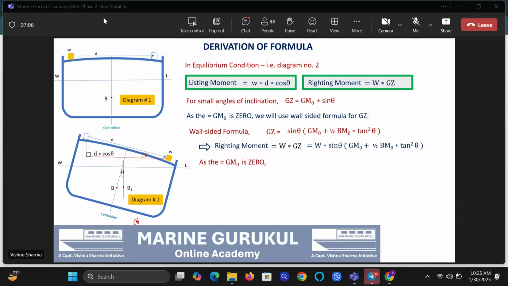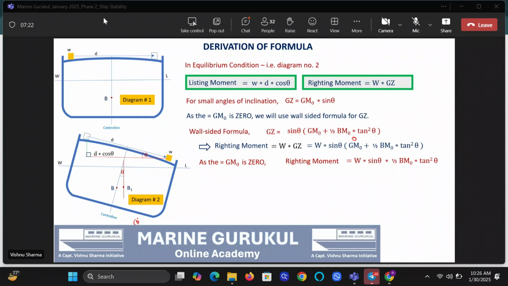Sorry, my mistake. As GM0 is 0, what does it become? It becomes W into sine theta into half BM0 tan square theta. It reduces to this. GM0 is already missing.